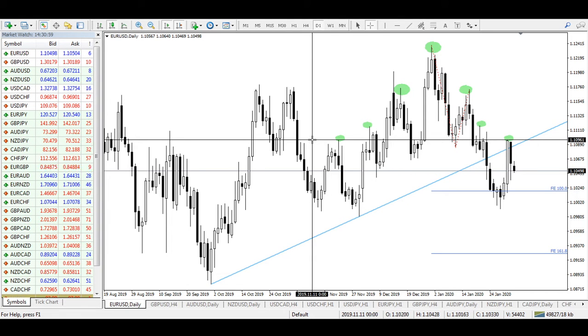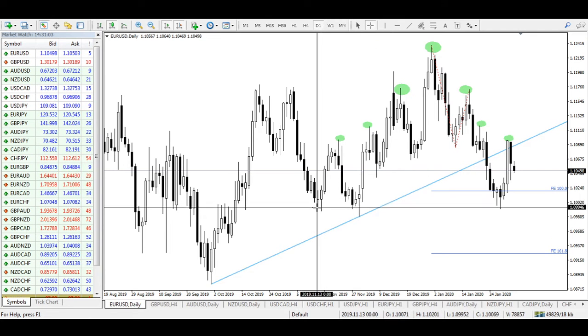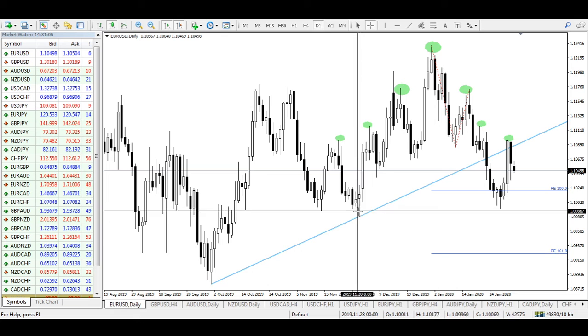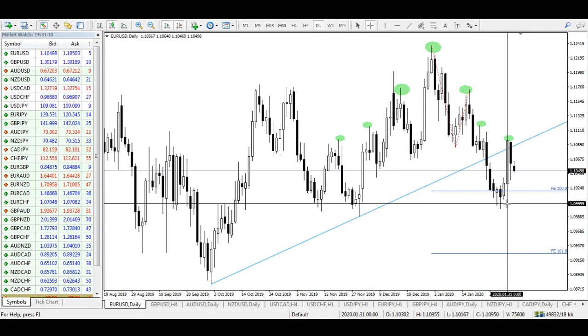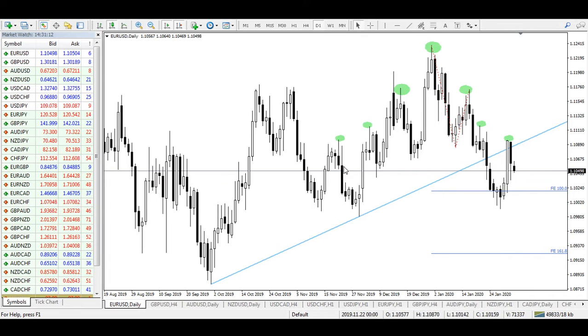So this harmony says that just like the market had made a bottom here, and again a bottom at the same area, kind of a double bottom, we can expect a similar bottom again, just like this harmonic behavior of price action.